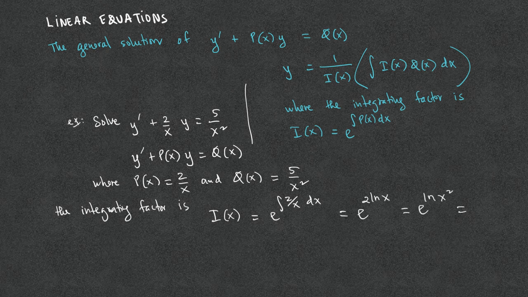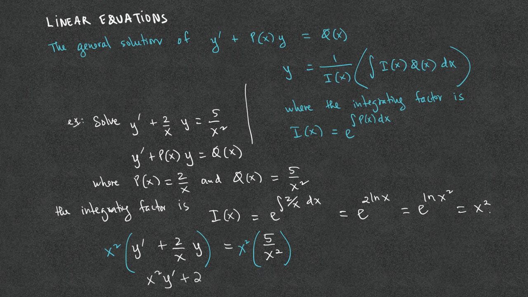We integrated and simplified to get x squared as the integrating factor. We then multiply this integrating factor to the linear differential equation that we started out with. We get x squared y prime plus 2xy equals 5, which is the first order linear equation that we solved earlier.